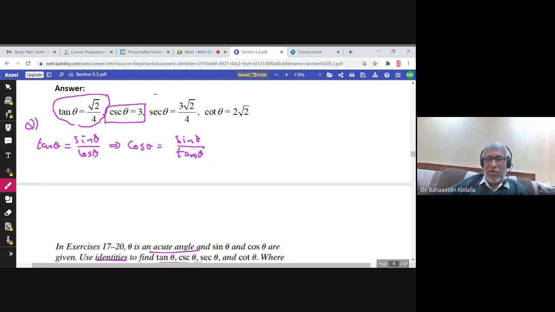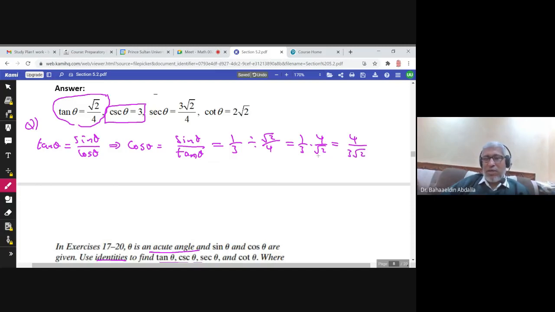Just change the place of tan and cosine. You can do that because of the cross multiplication. So sine theta is 1 over 3. We said cosecant is 3, so sine is 1 over 3, divided by tan theta, which is the square root of 2 over 4. So it would be 1 over 3 times 4 over square root of 2. So it would be 4 over 3 square root of 2.